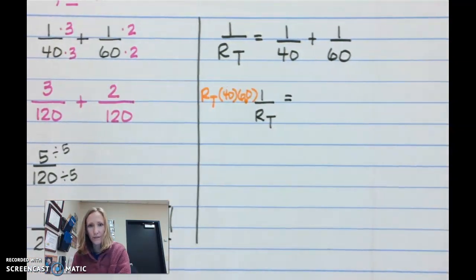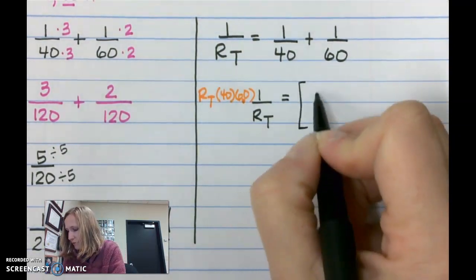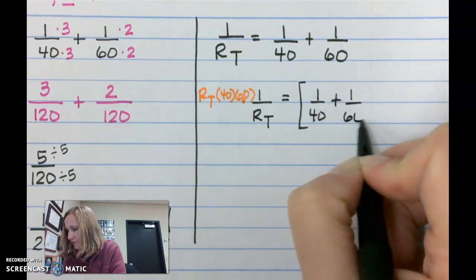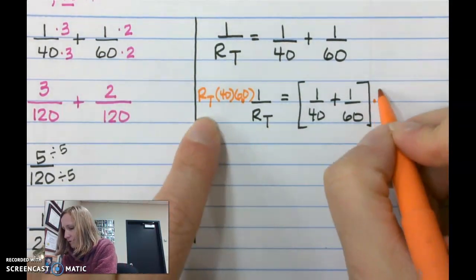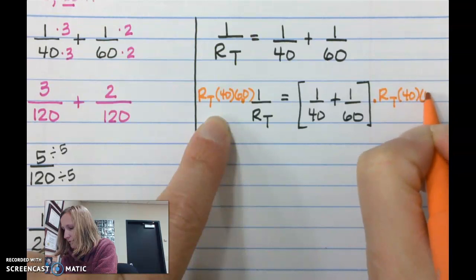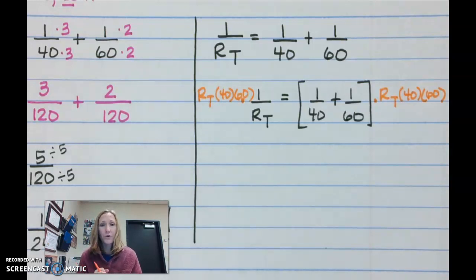We'd also do the same thing on the other side of our equal sign. So we'd have to take both the 1 over 40 and the 1 over 60 and multiply by RT and 40 and 60. So why would we do that? Because our goal would be to clear out the fractions and work with a simpler equation to solve.